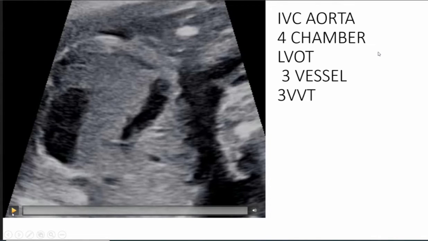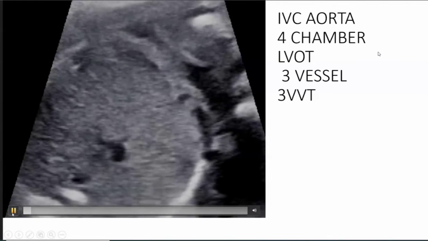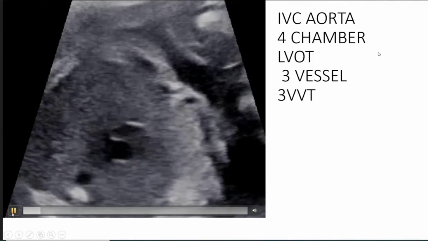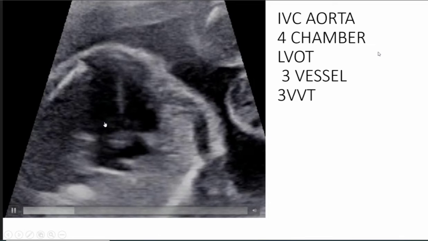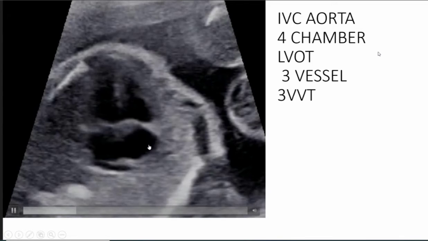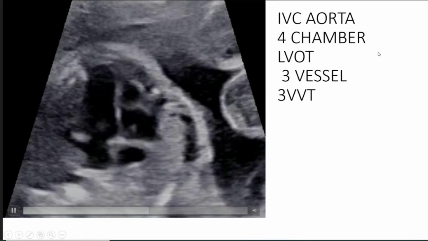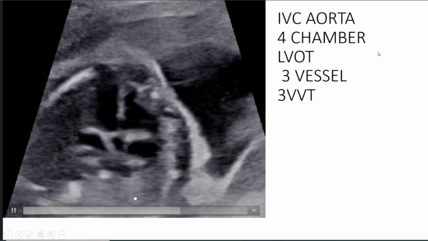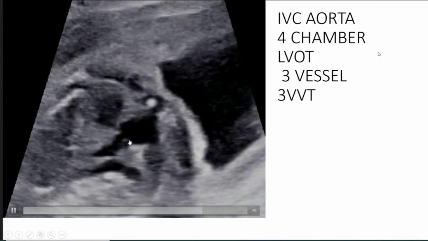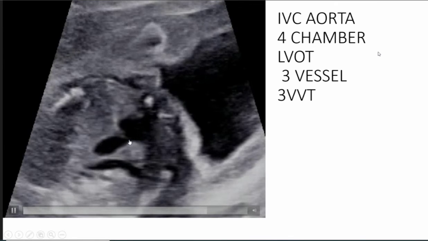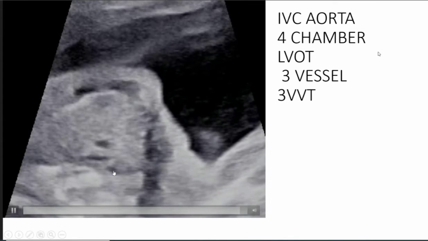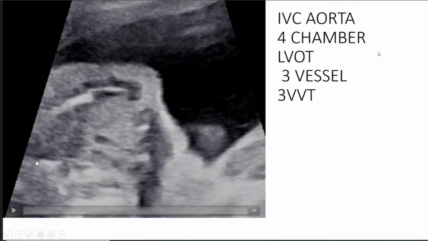Next, we come to IVC, 4-chamber view, 5-chamber view, 3-vessel view, 3-vessel tracheal view. So this has summarized the entire axial view.